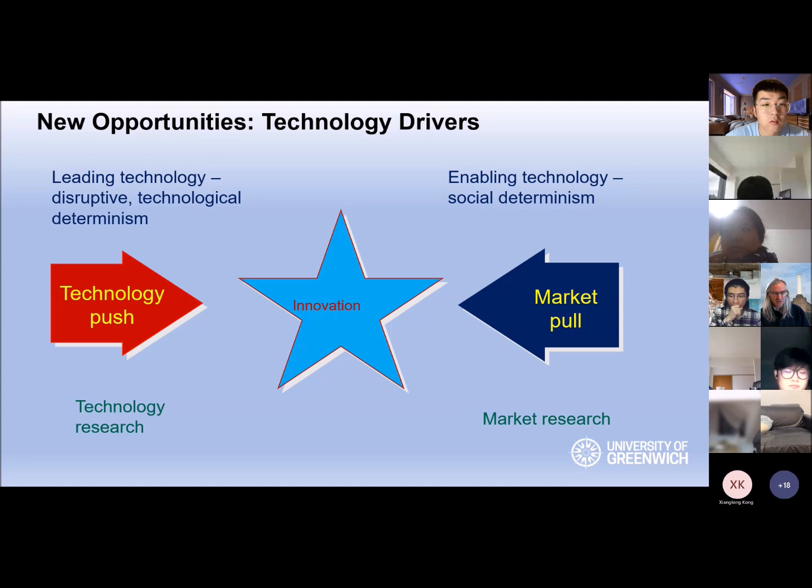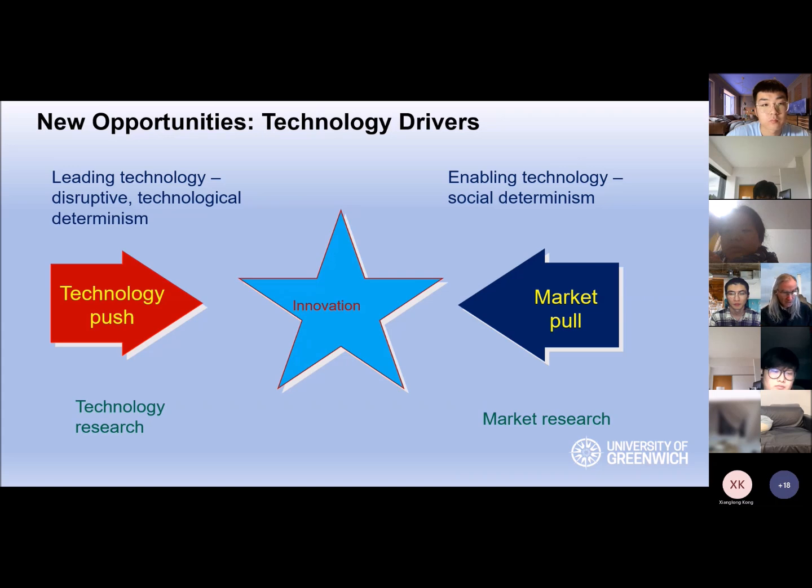Because the technology push is so risky, the research tends to be done in universities and in governments. Market pull, on the other hand, is much less risky, so it's done by companies, and they do it by enhancing the product they have now.